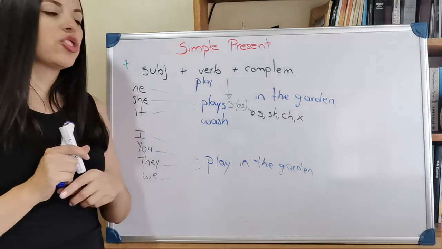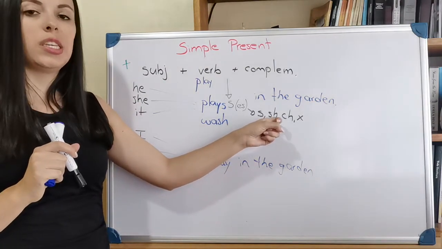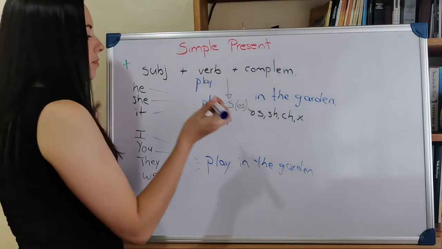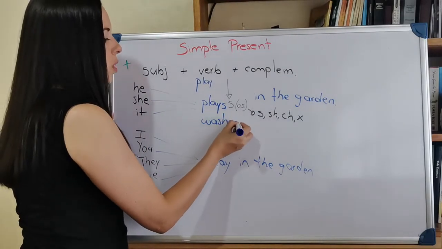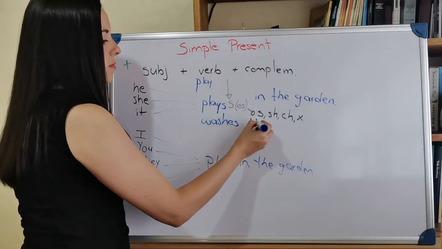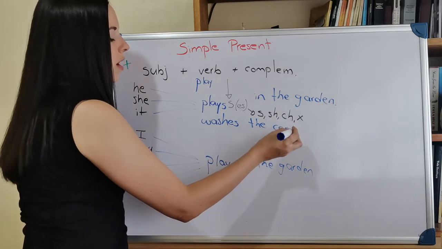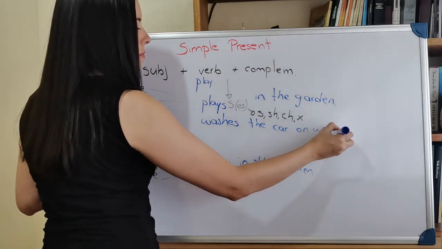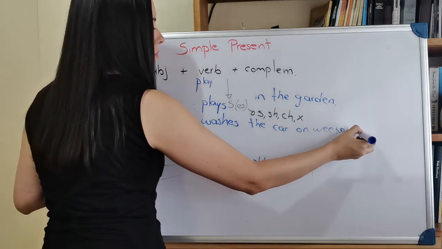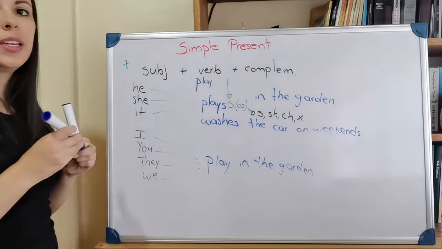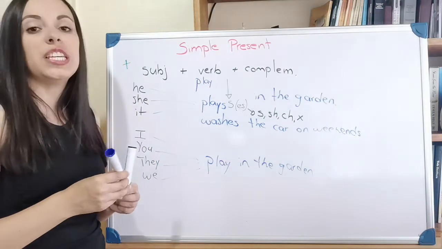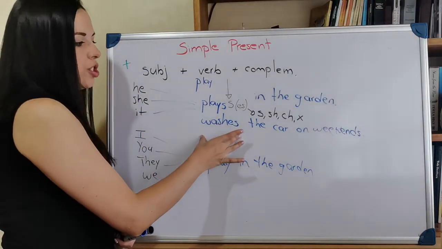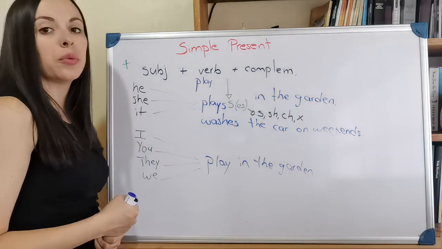Okay, the verb wash ends with sh, right? So in that case, we say he washes the car on weekends. Okay, that is his routine. Okay, he or she washes the car on weekends.